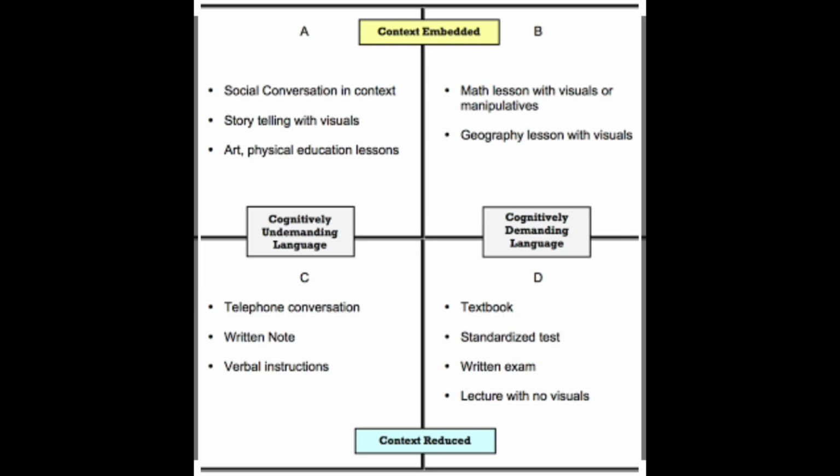Then we move them forward to B and C, and then finally to quadrant D, which is the most difficult because the demand is high. The material is hard to understand, and the context is reduced. So, yeah, we can talk about examples together, but being aware of these quadrants and what we're asking our students to do in terms of understanding how hard it is and how much context we're giving them is key.